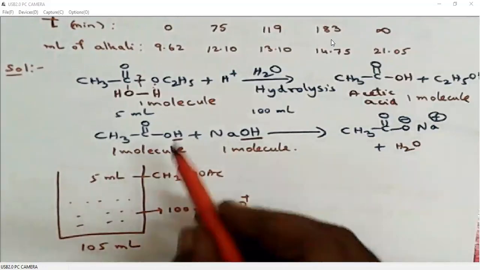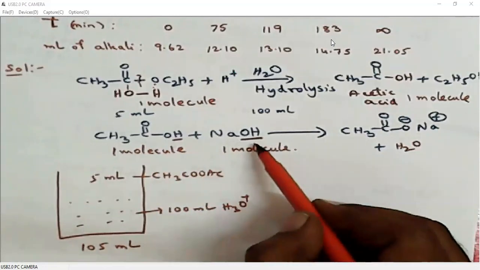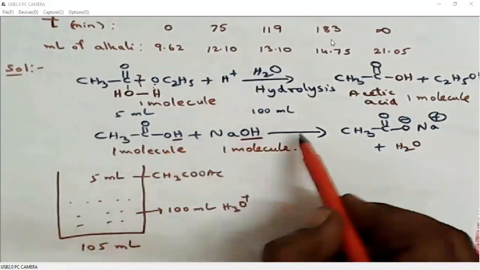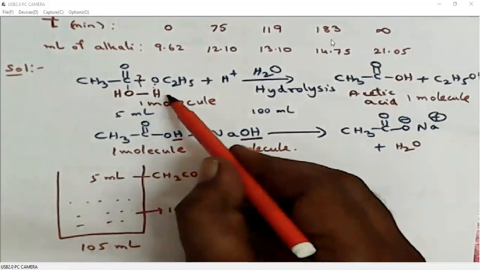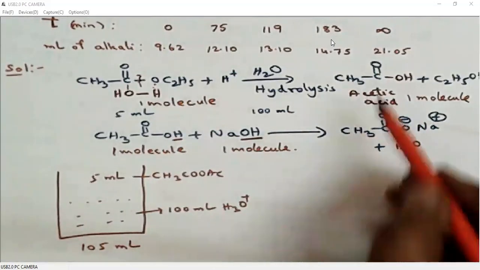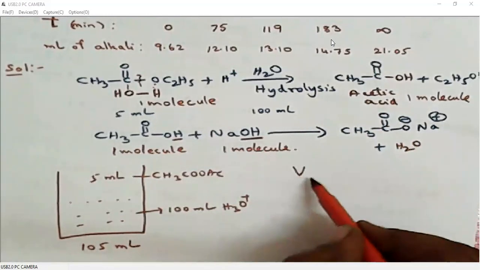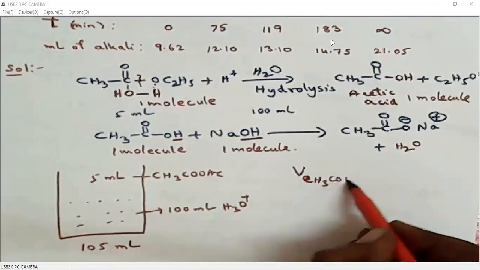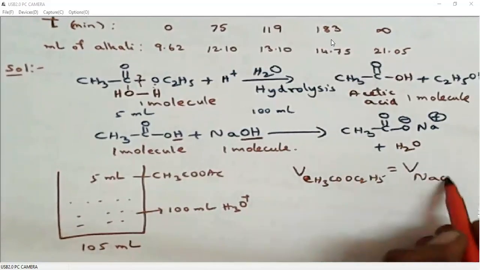So the amount of acetic acid present in the 5 ml is nothing but the amount of NaOH we have used to neutralize it. In other words, the amount of ethyl acetate is nothing but the amount of acetic acid. So in this case, we can take the volume of ethyl acetate as the volume of NaOH.